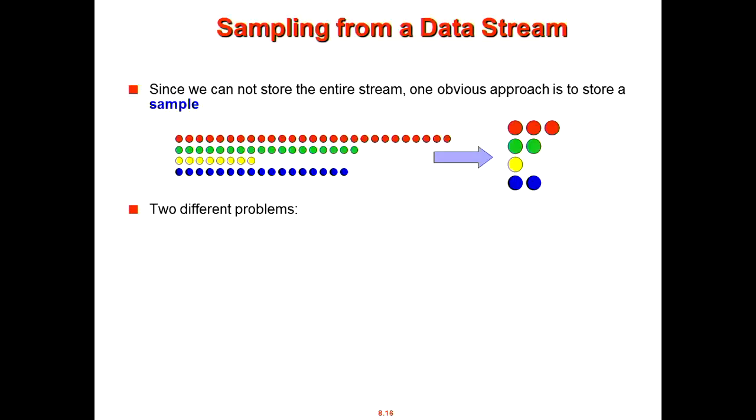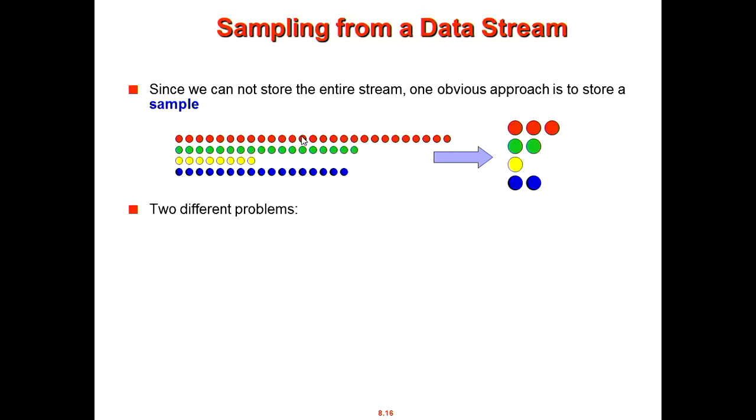Okay, so let's move to the first topic, which is about sampling data streams. Normally we are not able to store the entire data stream, and one method to solve this problem is to store a sample instead of the entire stream. The sample can reflect the random distribution.